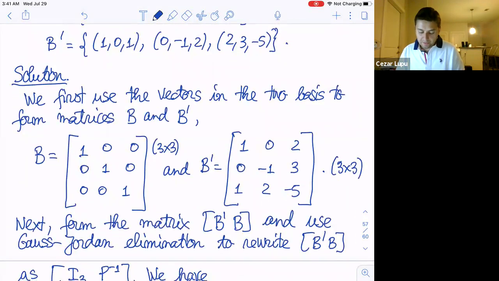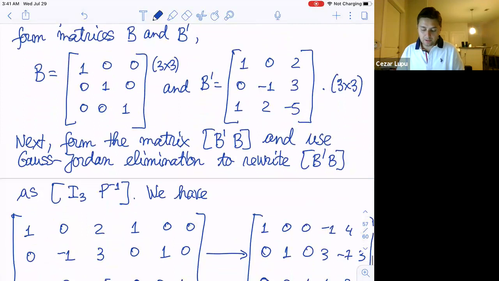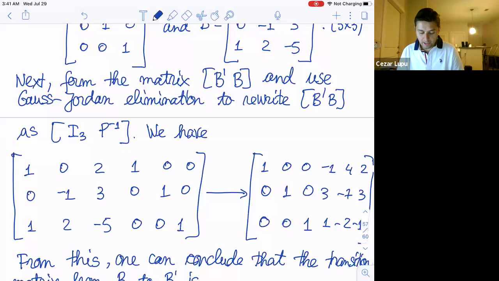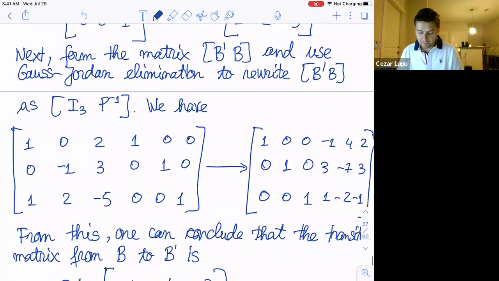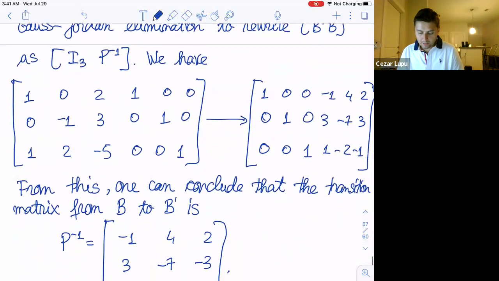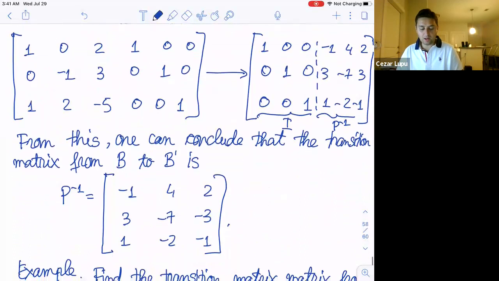We'll perform Gauss-Jordan elimination, using elementary row operations, to rewrite B prime B as the identity times a matrix. After we do this, we'll get the following. As you can see here, I have the identity, and this here will be the inverse of P, as we can identify.